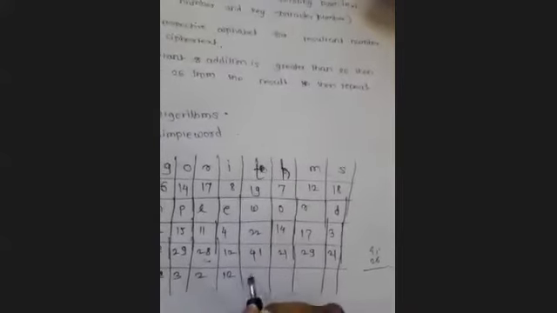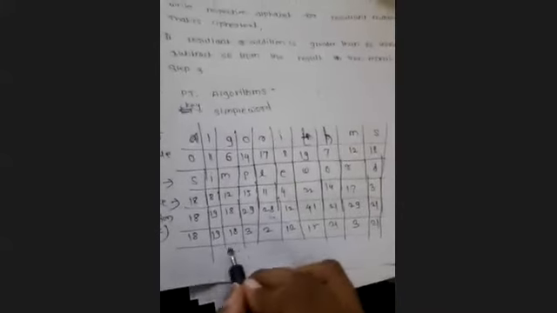Minus 26, 15, 29. This is 3 and this is 21. So now we have the final values. Just simply convert it into the alphabets. Ciphertext.